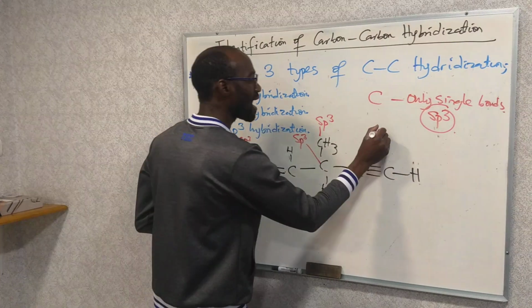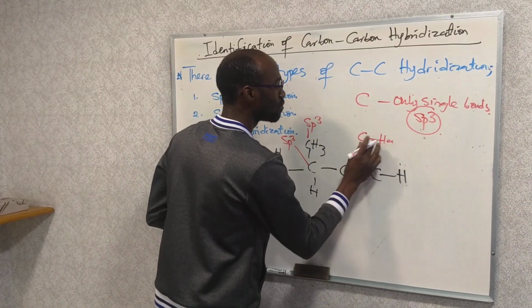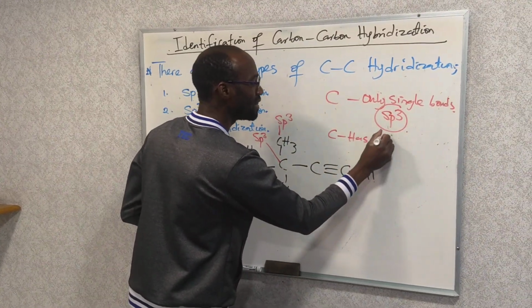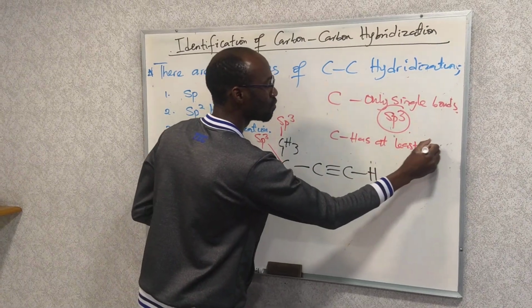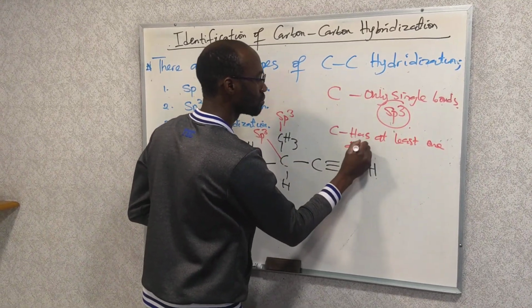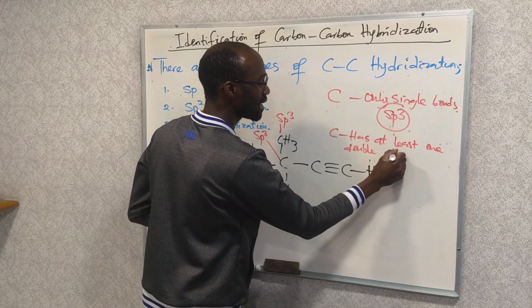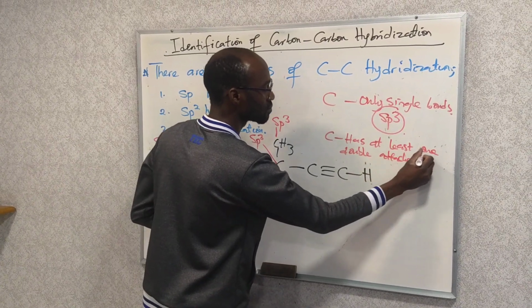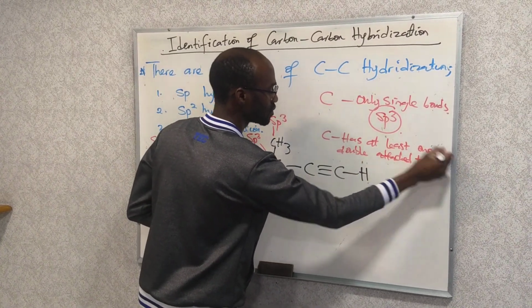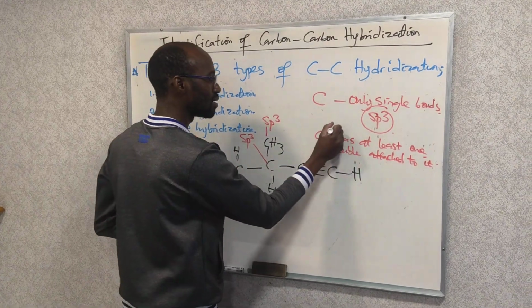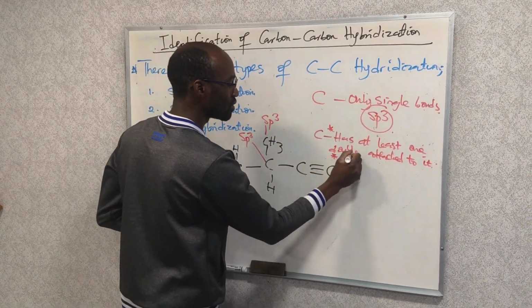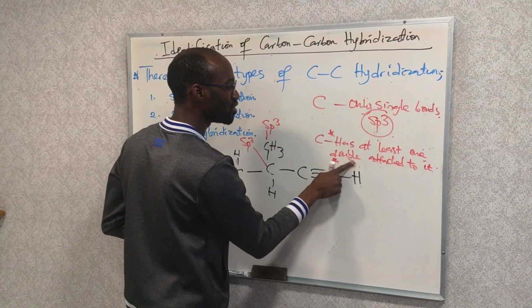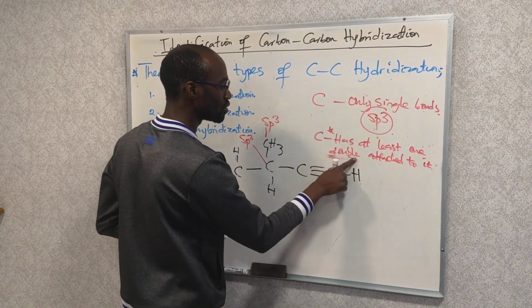When a carbon has at least 1 double bond attached to it, and the other bonds are single, the other bonds may be single bonds or also double bonds.